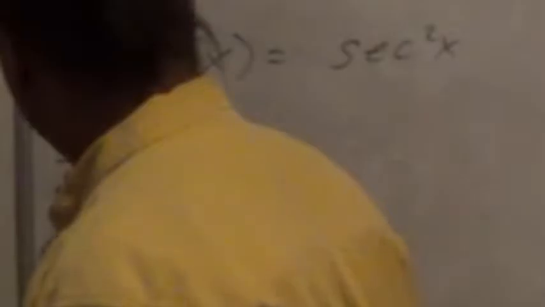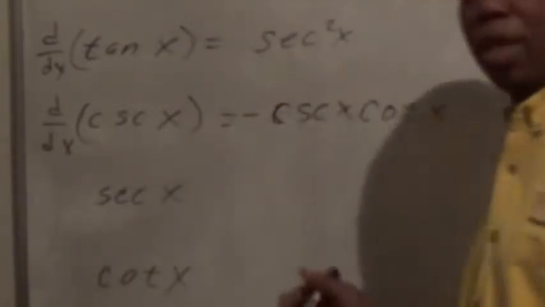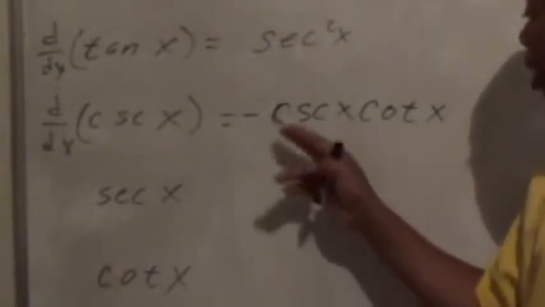Next, the derivative of the cosecant of x. That was a little tough to remember, but it's all c's. So that'll be negative cosecant of x times cotangent of x.